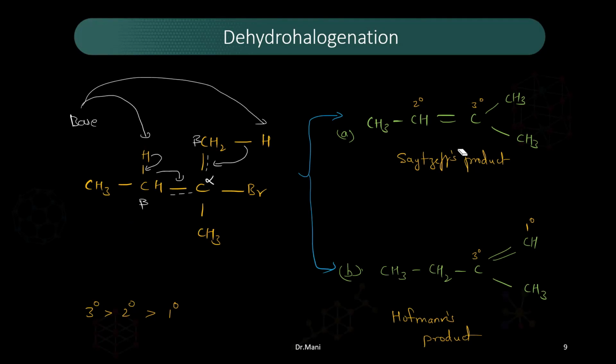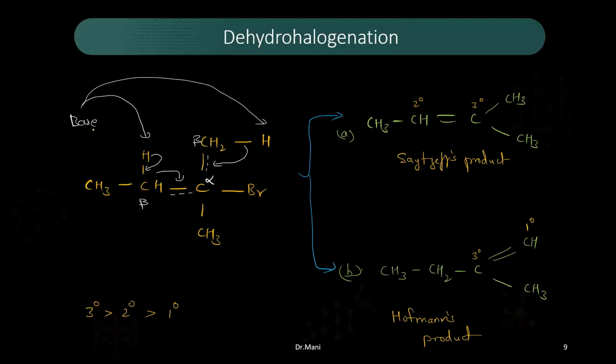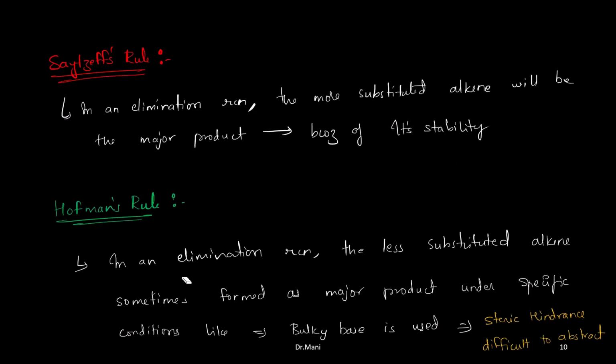But what happens if the reaction is induced by the base that is present? If the base is itself very bulky, it cannot go here, and it is very easy for it to attack the terminal compared to the central. So in an elimination reaction, the less substituted alkene is sometimes formed as the major product because a bulky base is used. It causes steric hindrance, making it difficult to abstract.